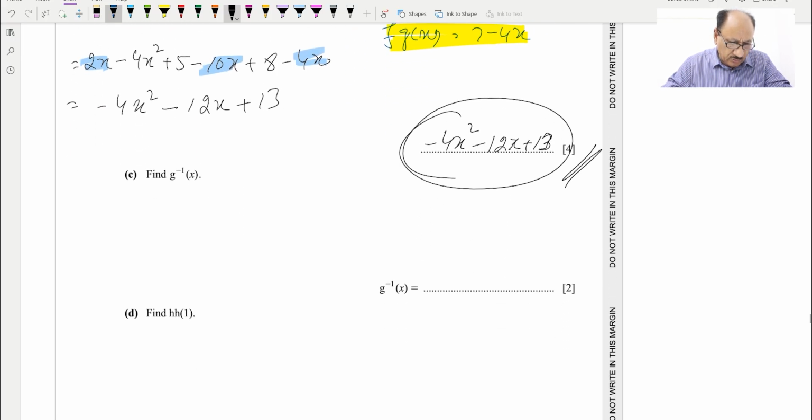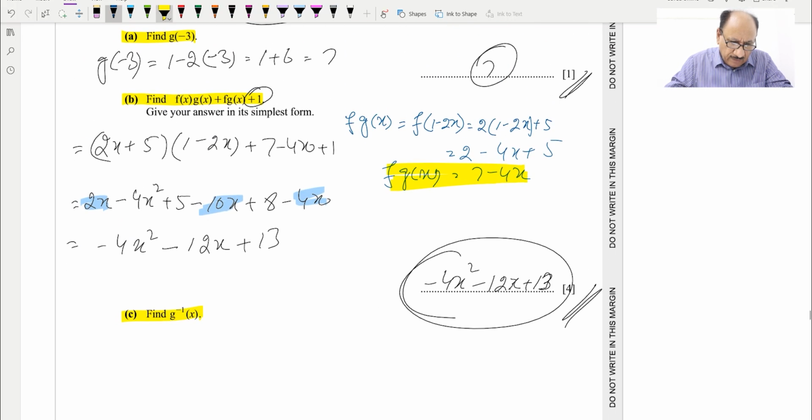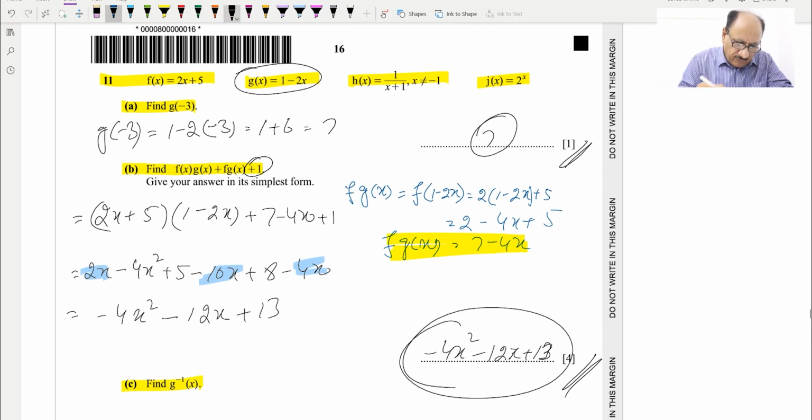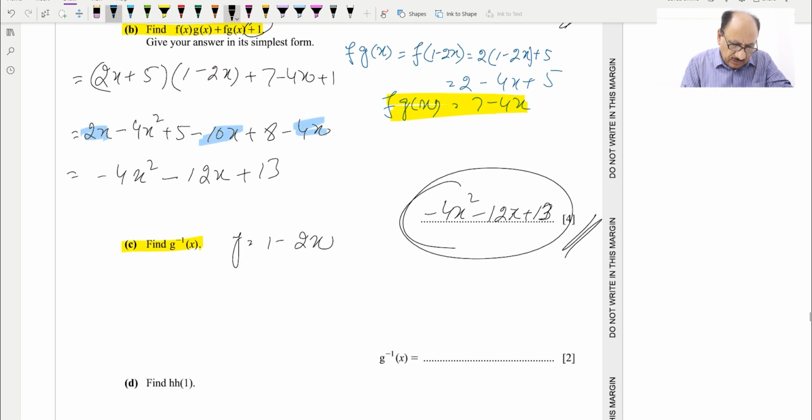Hopefully you understood this. Now they are saying find g inverse of x. For that one we require g of x, and g of x we can copy. y is equal to 1 minus 2x. We are copying from the main question, and now we need to make x the subject.